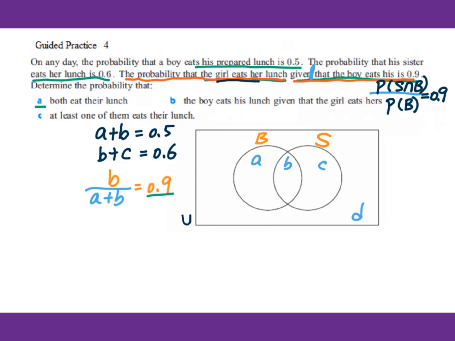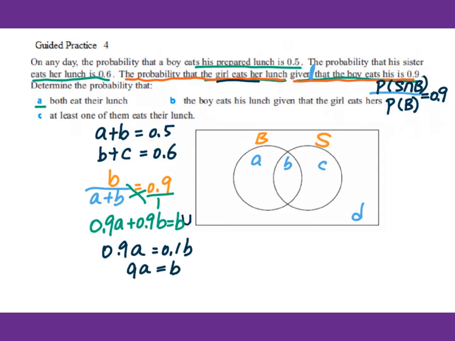So we do cross multiply. You will get 0.9A plus 0.9B equals B. And 0.9A equals 0.1B. So we have 9A equals B. Now we use this and this.